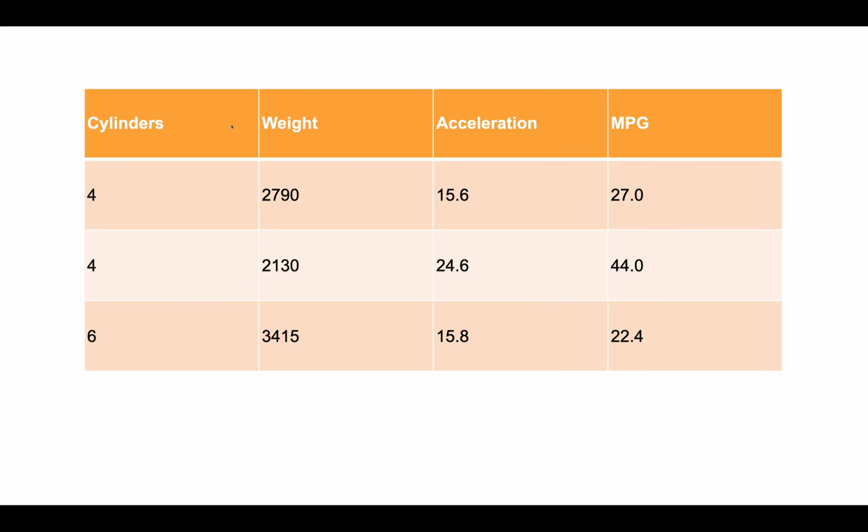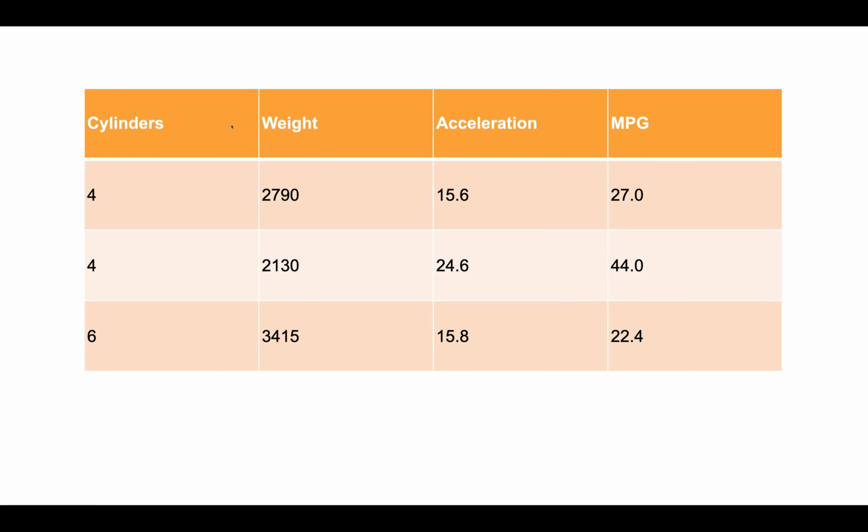So let's assume you provide the machine details like these, where you have cylinders. For example, the first example has 4 cylinders, a weight of 2,790, an acceleration of 15.6, and it produces an mpg of 27.